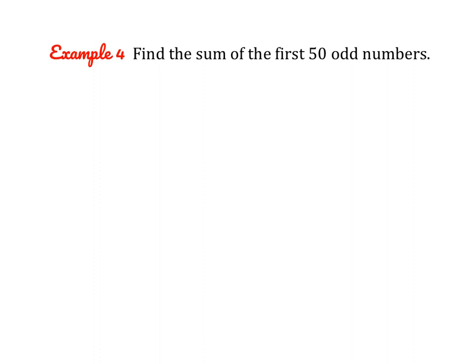All right, here we are asked to find the sum of the first 50 odd numbers. So here we know that we're going to need to create the formula for the sequence that describes odd numbers. So if it helps, you can kind of list them out. So we know that odd numbers have a common difference of 2, and we know that the first term is 1.